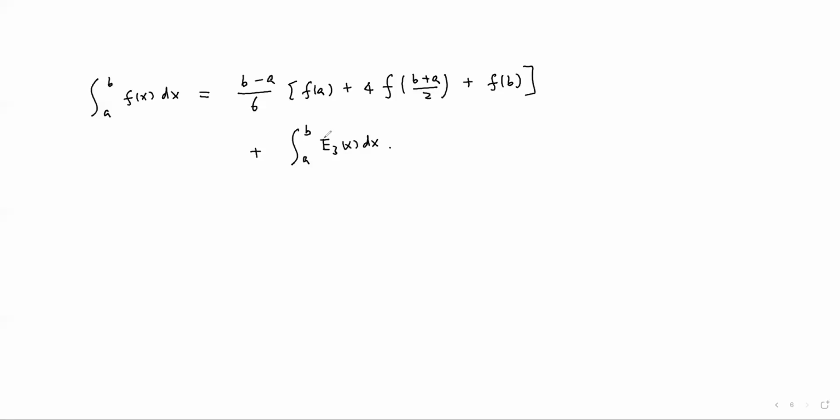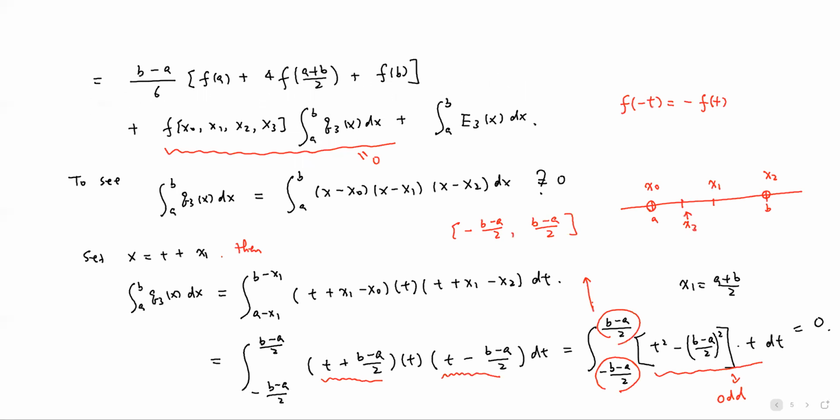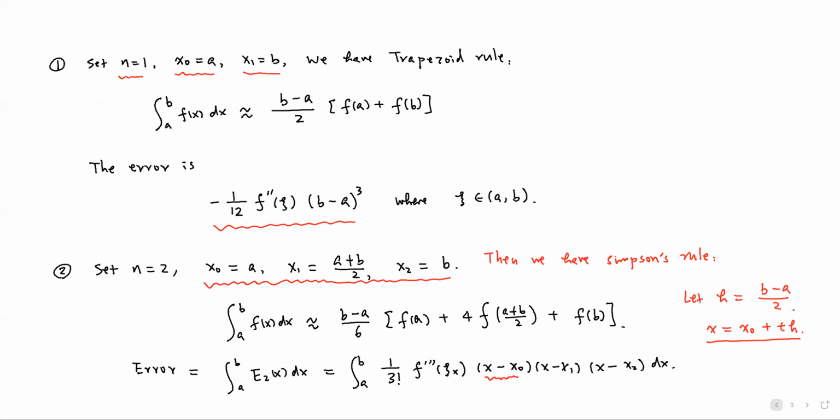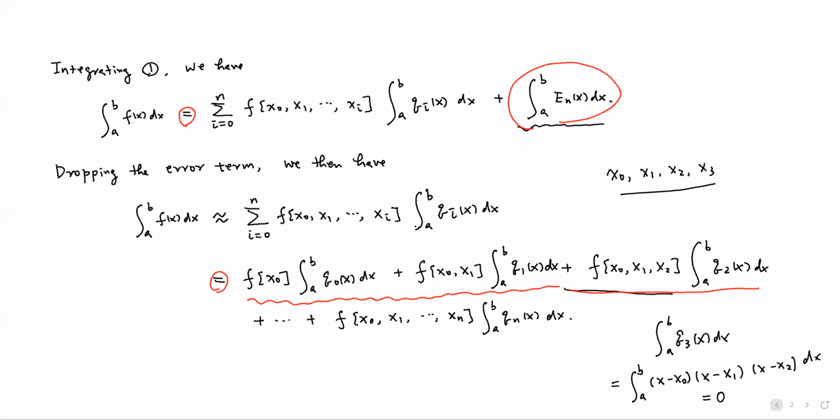Okay, now let me compare the error term. The error term is E3. Let me go back to the formula for En. What is En?